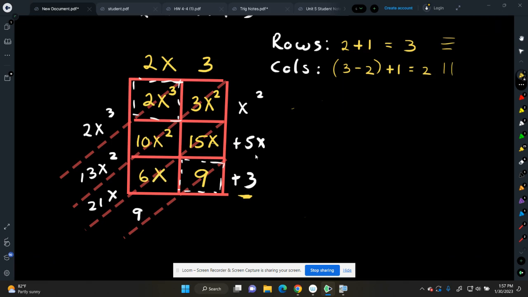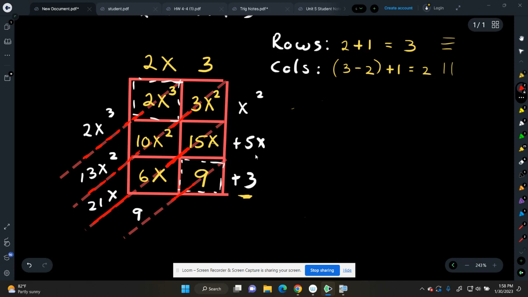Okay, so we need to double check everything to make sure everything works. So we have our 2x to the third, that's good. Here we have 3x squared plus 10x squared, and that gives me 13x squared, so that's good. 15x plus 6x is going to give me 21x, so that's good.